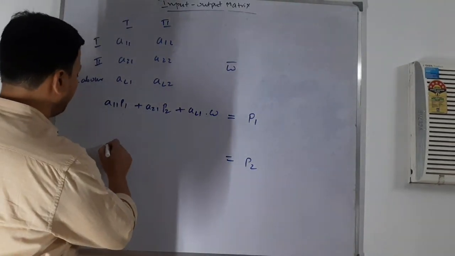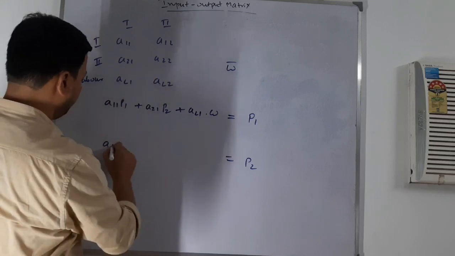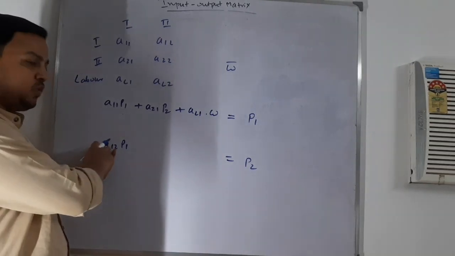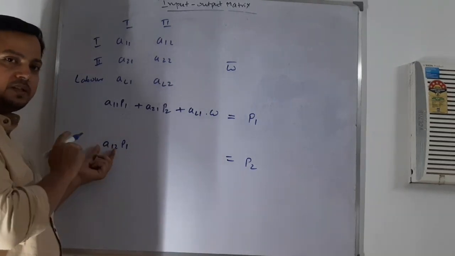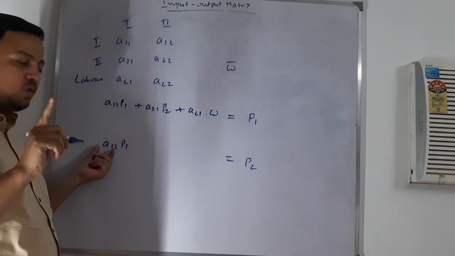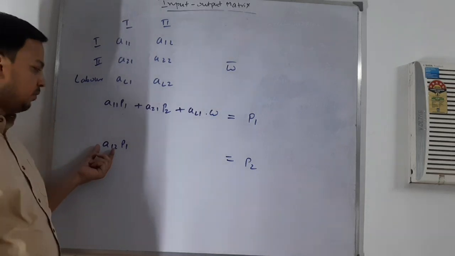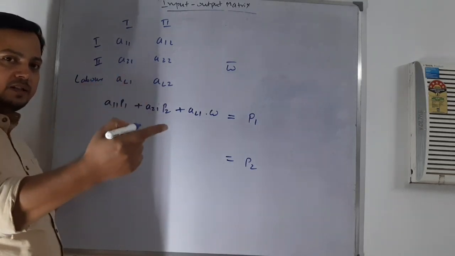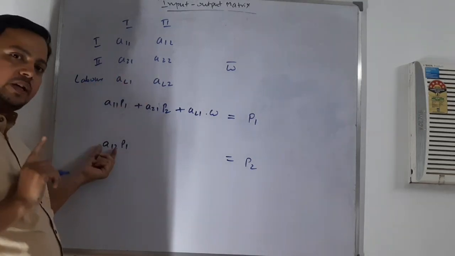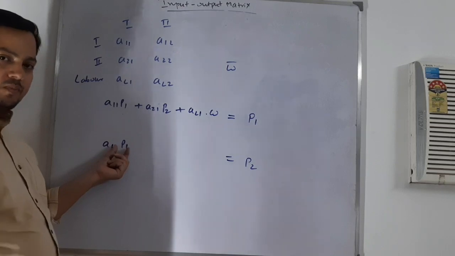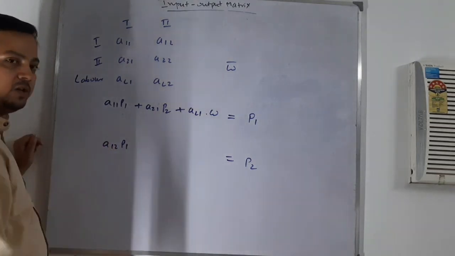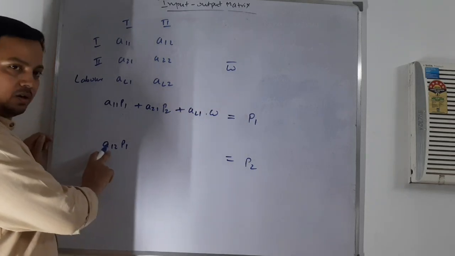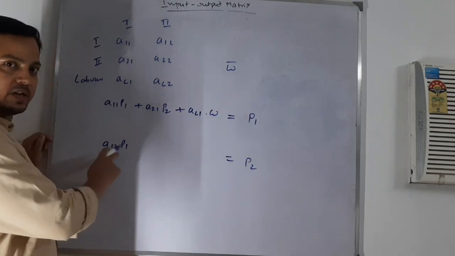So we require A12 P1. This is the amount of output of the first industry used by the second industry in order to produce 1 unit of output of the second industry, multiplied by the price of the first industry, of course, because we are using the output of the first industry as input.